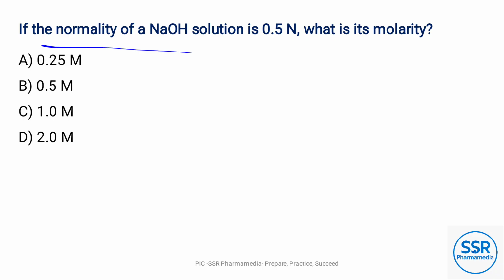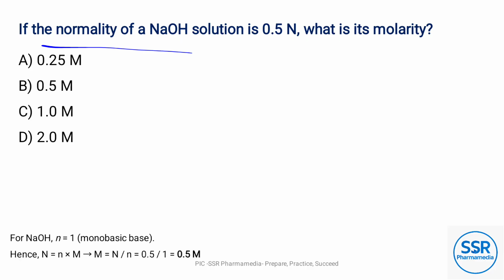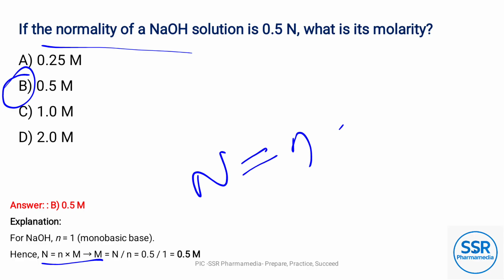If the normality of a solution is 0.5 N, what is its molarity? So option B, 0.5 M. Substitute in this formula, N is equal to n into M. Here we have the normality, and we want to find out the molarity.